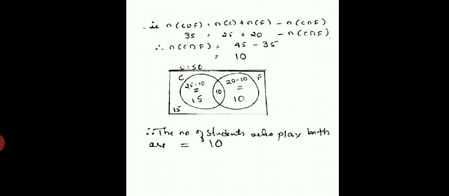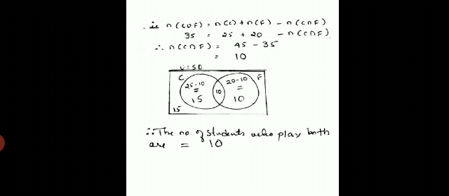Then from 25 subtract the common number, that is minus 10. You get 15. Similarly, from 20, if you subtract 10, the common people, you get 10 only.